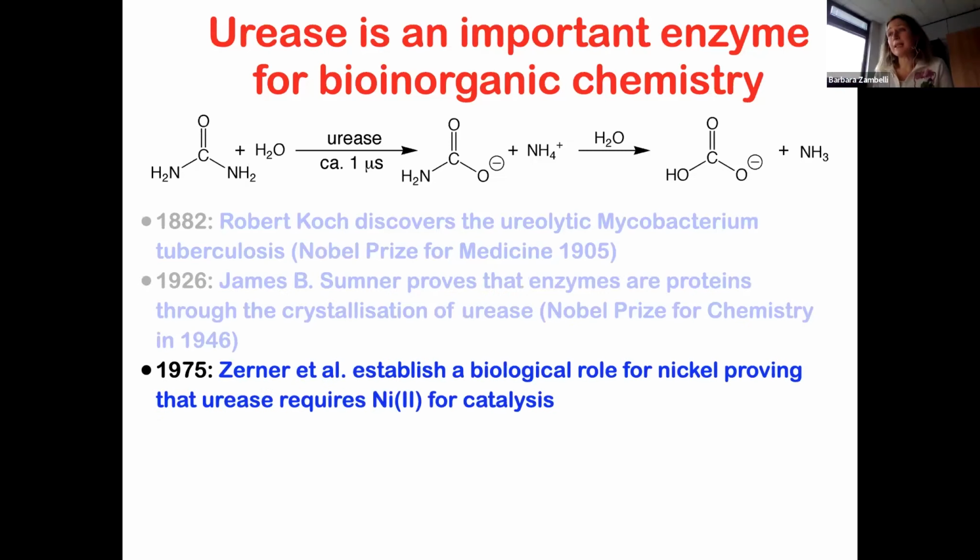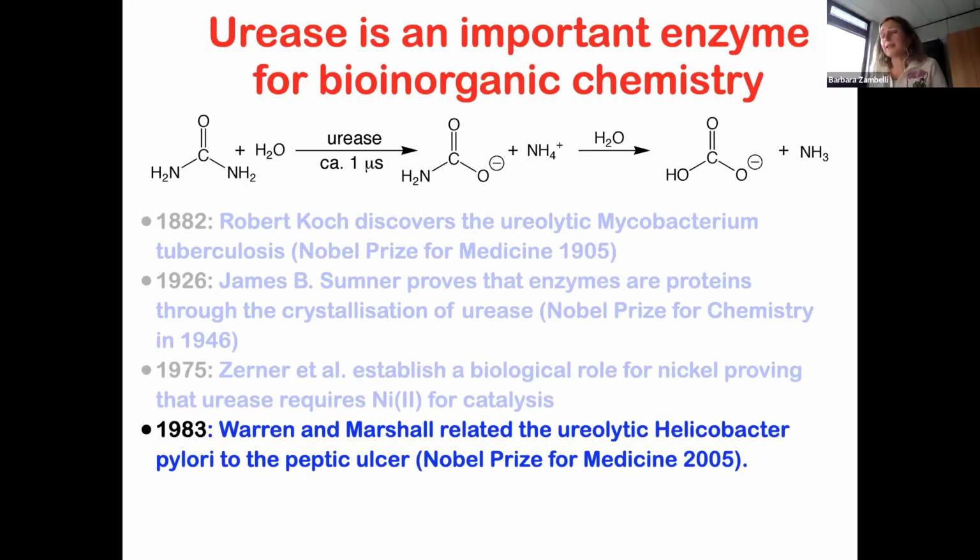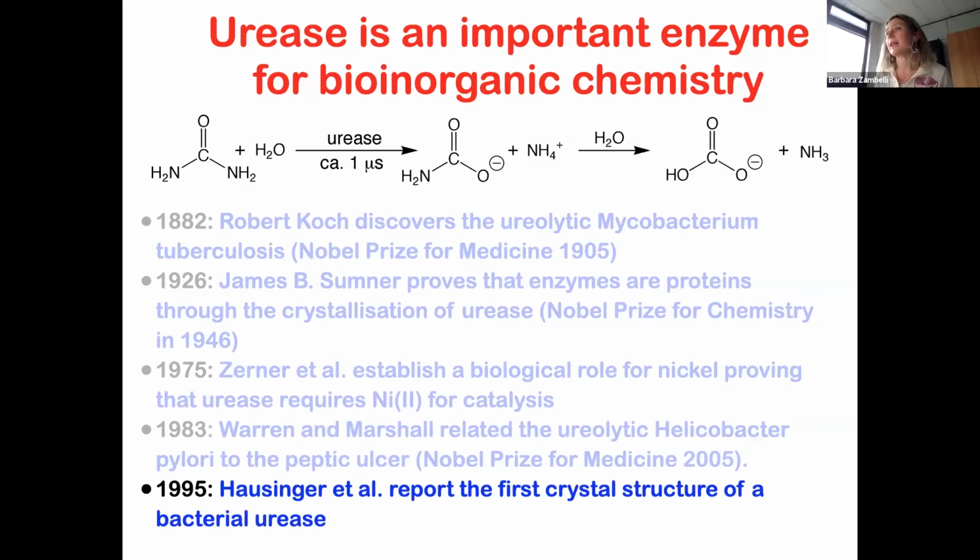In 1975, Zerner established that nickel has a physiological role for life. It's not just a pollutant, as it's required for catalysis of urease. And in 1983, Warren and Marshall discovered that Helicobacter pylori, an ureolytic bacterium, is the causal agent for peptic ulcer. And in 1995, Hausinger crystallized and determined the structure of the first bacterial urease.